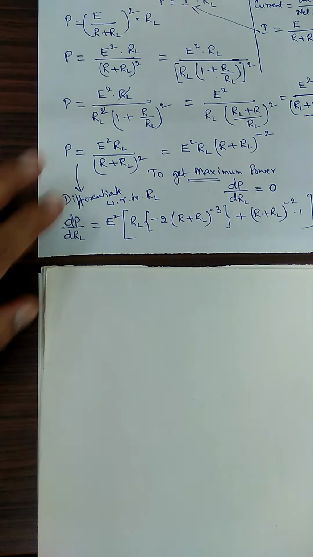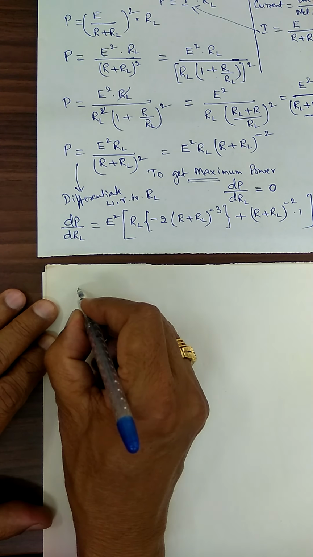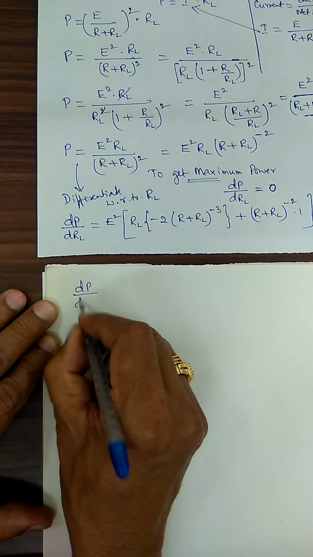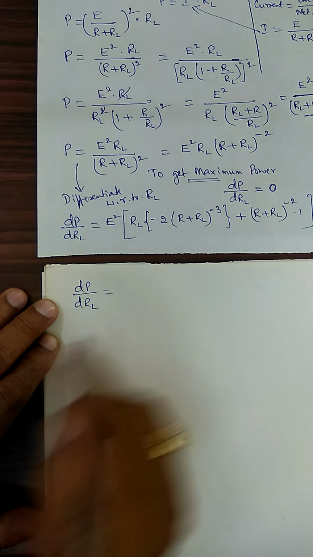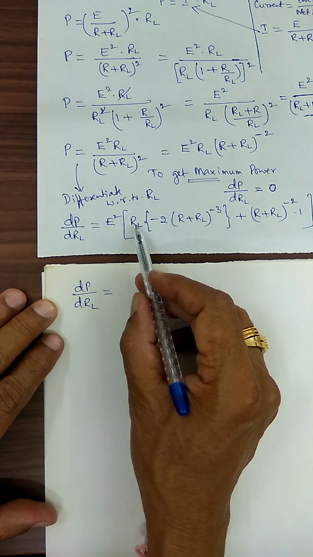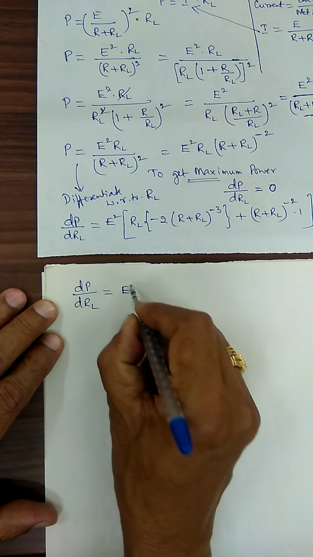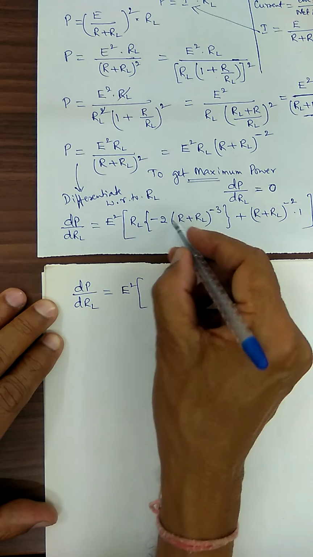So therefore, dP divided by dRL is equal to, I can write this minus 2, I can take it to this side, no problem, E square into RL into minus 2.